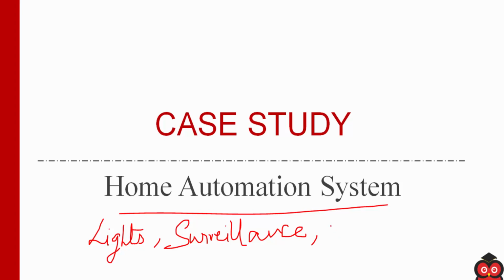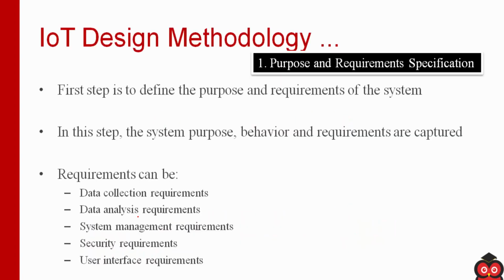We may try to automate HVAC, heating, ventilation, and air conditioning, or maybe other things. But in this example we are going to see an application which will automate the lighting system. Consider smart lighting inside the house, right?